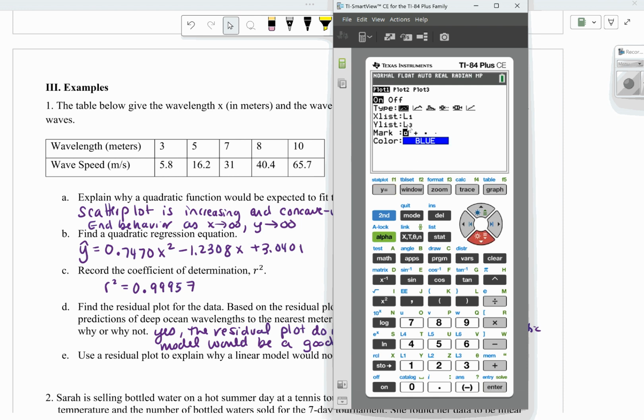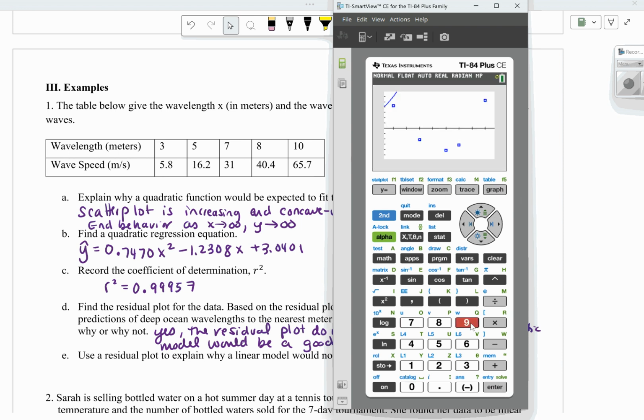And then here, instead of doing list 3 like we did, we're going to do second stat, number 7, and then zoom 9 again to get the window. And you can see a little bit of line there because we have this in here. So I'm going to clear that out and hit graph. If we look at the linear model, you'll notice that it's making this U-shaped pattern right here.